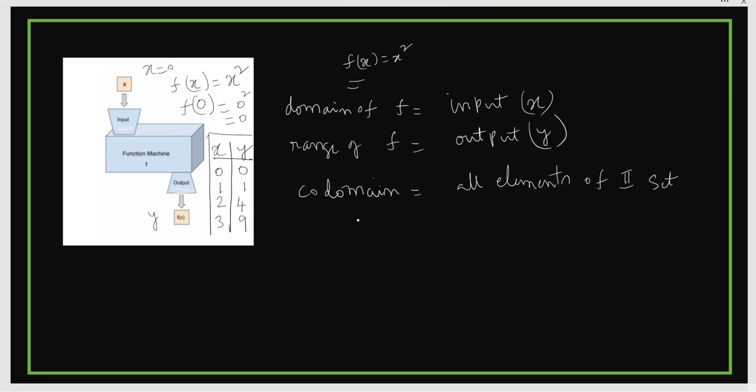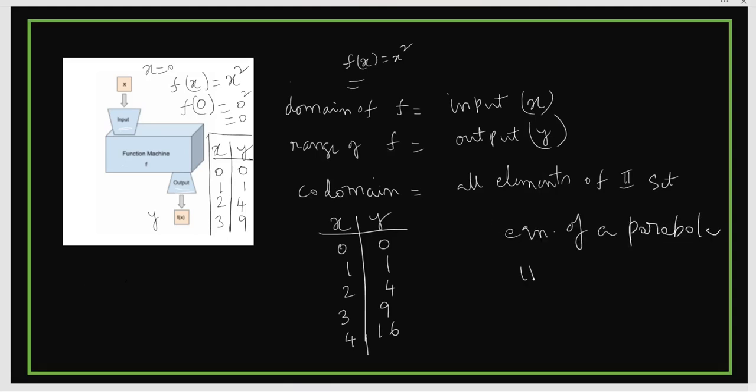If you draw the table of x and y, 0 gives 0, 1 gives you 1, 2 gives you 4, 3 gives you 9, 4 gives you 16, like this. In the future, you will see that this is the equation of a parabola.